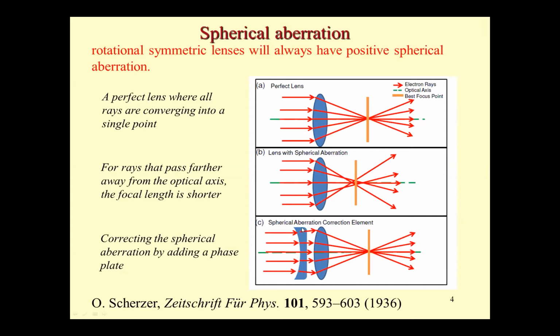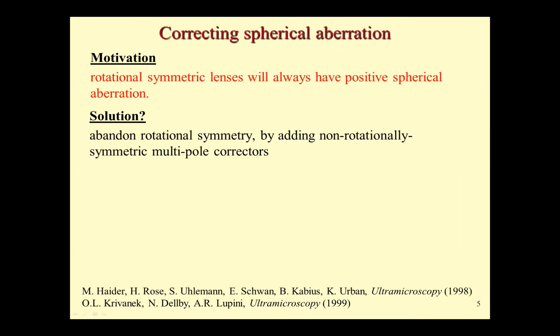For example, we don't know how to make a negative magnetic lens, which is what is needed if we want to implement this idea. So in fact, although this problem is known from 1936, it took almost 63 or 64 years until a solution to this problem was found.